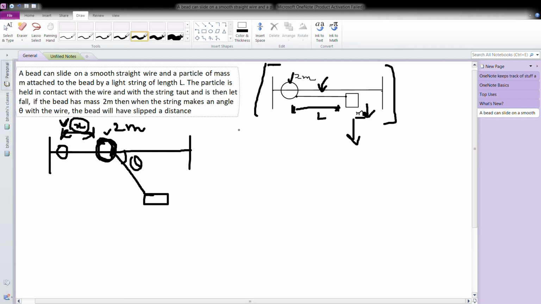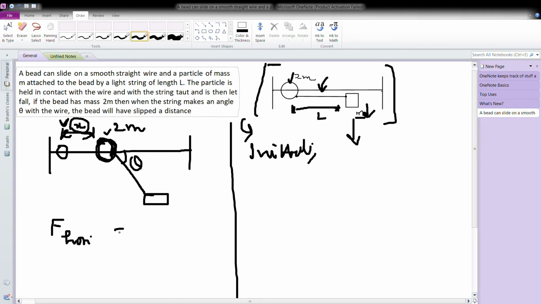Great. So if it is talking about position, let's check out our initial things. Let's jot down our center of mass. For center of mass, we have to see where external forces are acting. If we see F external along the horizontal direction, along the x axis, there is no force acting, so F horizontal will be 0.